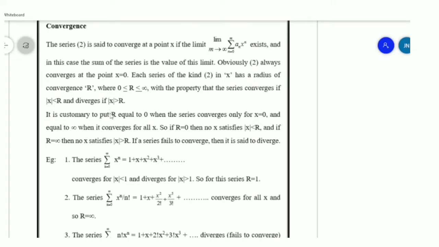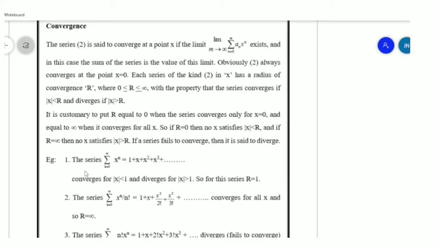The radius of convergence is equal to 0 when the series converges only for x equal to 0, and it is equal to infinity when it converges for all x.